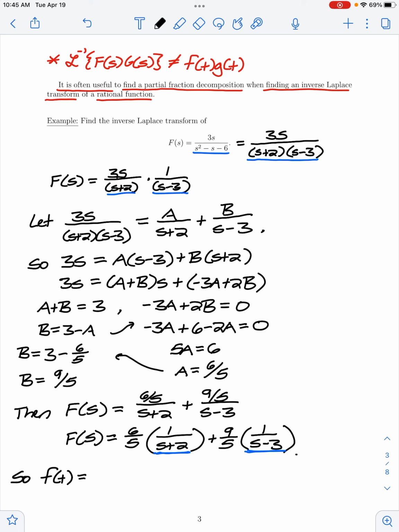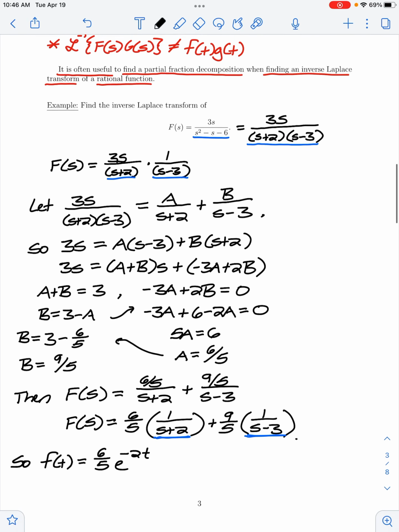to find the inverse transform of each term, I have 6/5 times the inverse transform of 1 over s plus 2. Now that denominator s plus 2 I can think of as s minus negative 2.